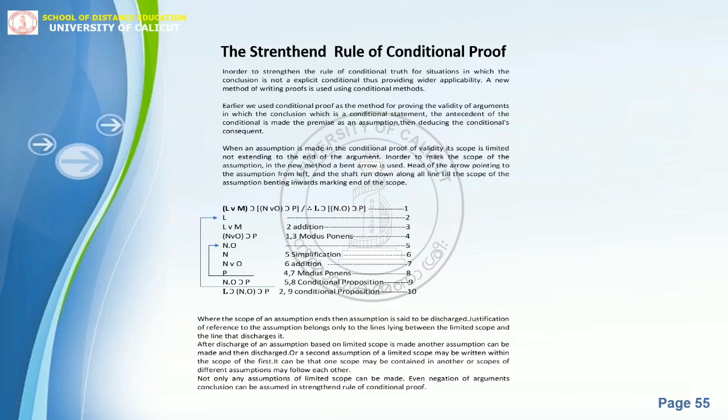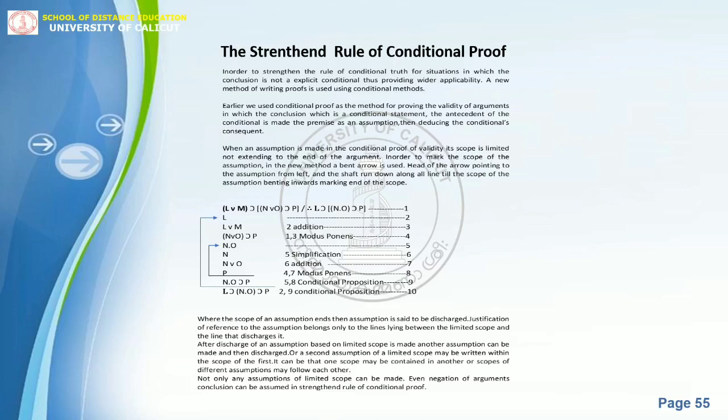Now next another assumption is made, N conjunction O, which I have numbered as 5. Then I have simplified N conjunction O and written it as N and numbered it as 6. Then an addition is made, N or O. Then I am looking for further derivation whether it is possible.